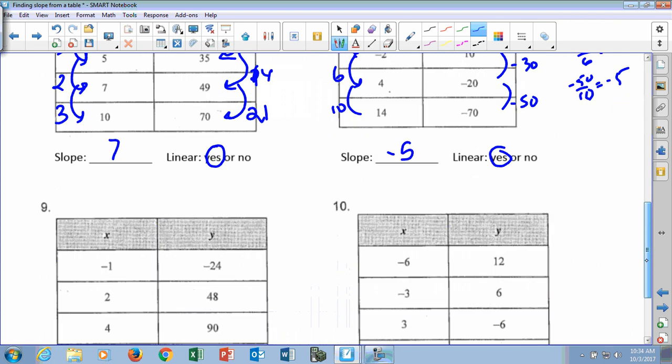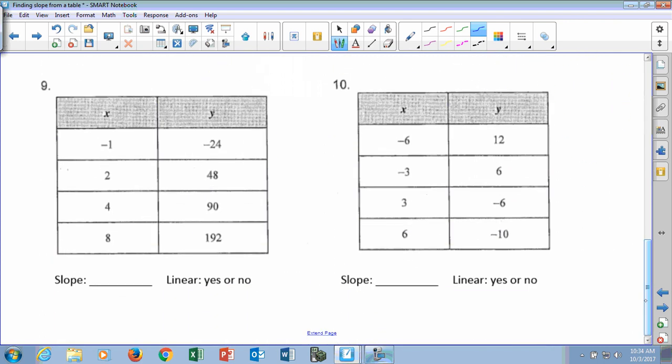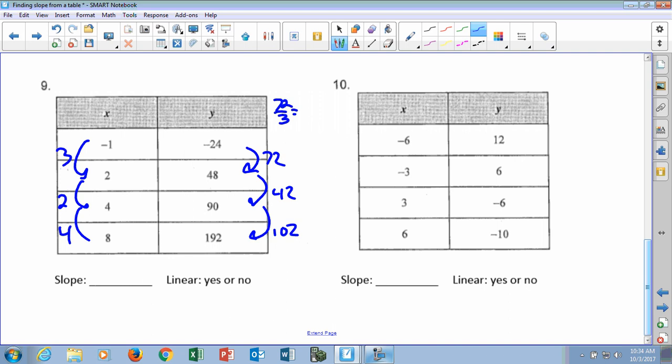Now, down here at number 9, when x is going up, this is going up by 3, 2, and 4. Well, over here, this is going up by 72, 42, 102. So 72 over 3 is 24. 42 over 2 is 21.